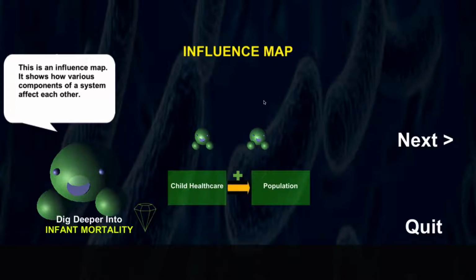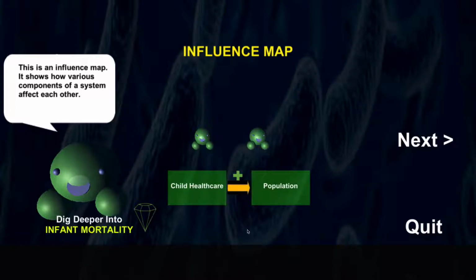We can take our simple schematic of life and turn it into an even simpler influence map. What's an influence map? An influence map is just a picture of how various components of a system affect other components. So we can write our influence map like this, or draw it out like I've drawn out right here.